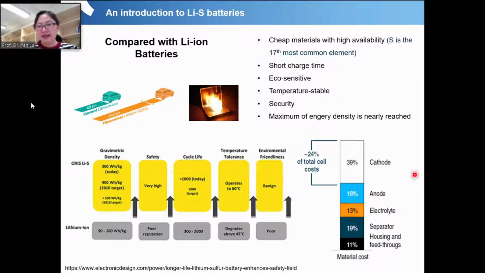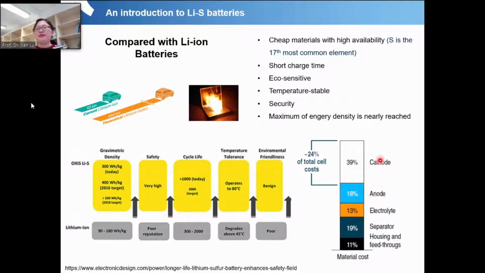And I also give you a piece of information. I hope you can keep this in mind, because when we talk about the battery, the total material cost includes, of course, the cathode, anode, electrolyte, and you also need a thin film, the separator, and then you also need the housing and casing, or feedthrough system.